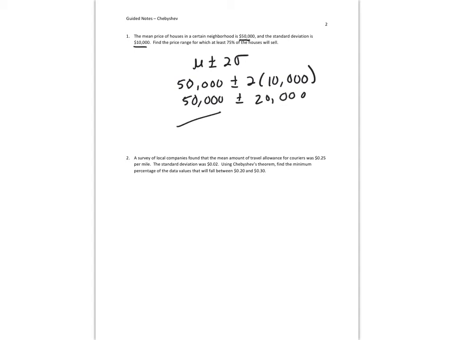So that gives me 2 values. 50,000 minus 20,000 is 30,000. 50,000 plus 20,000 is 70,000. So between 30,000 and 70,000, you can expect to have 75% of your houses.